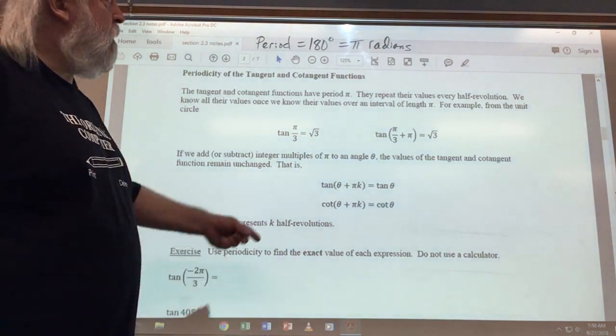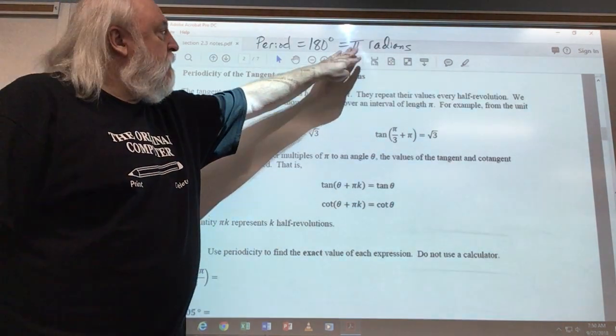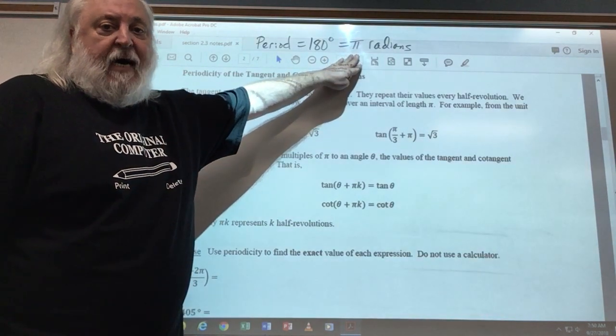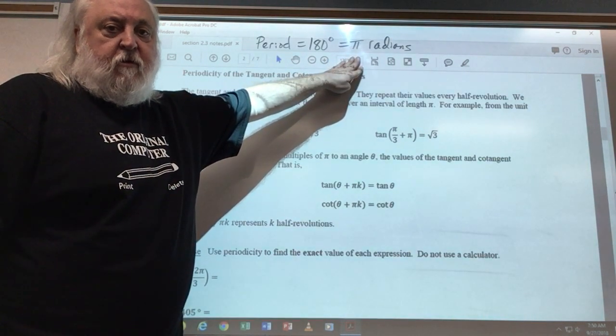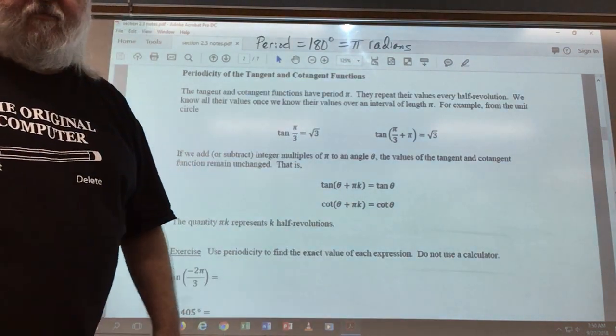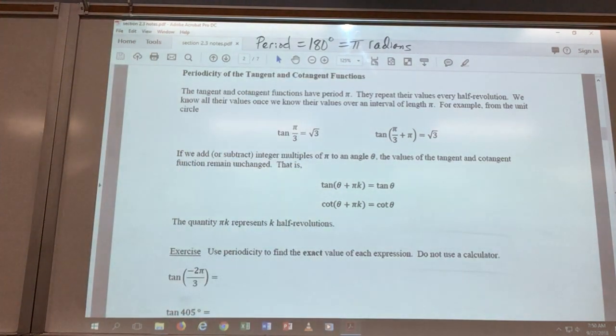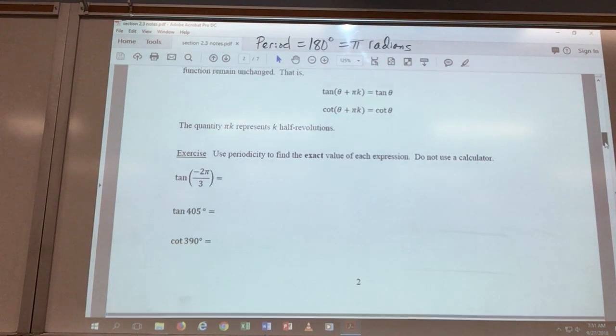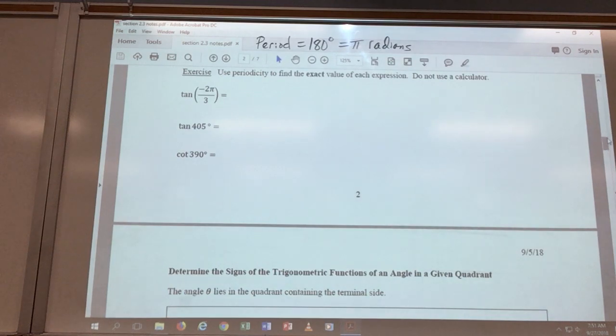Or similarly, for working in radians, if I add pi to any angle or subtract pi from any angle, it doesn't change the value of the tangent function or the cotangent function. So let's work the examples at the bottom of page 2 using the periodicity property, tangent and cotangent.